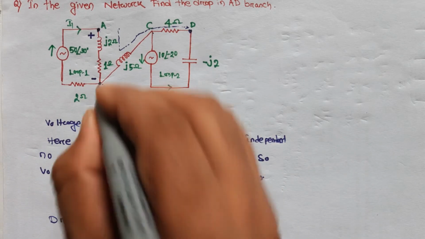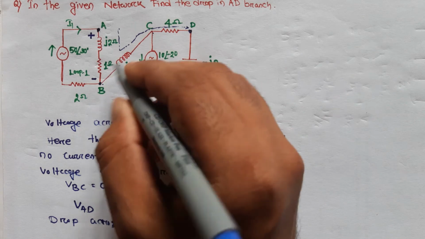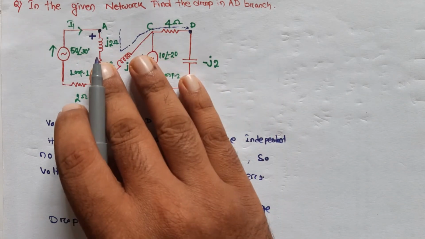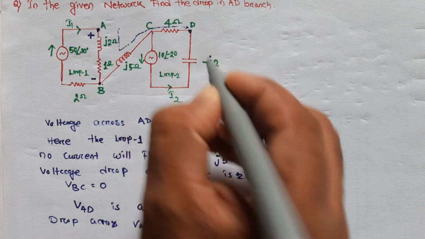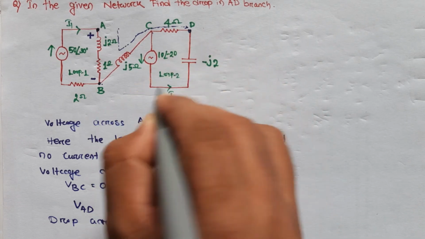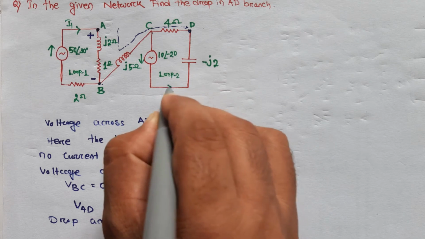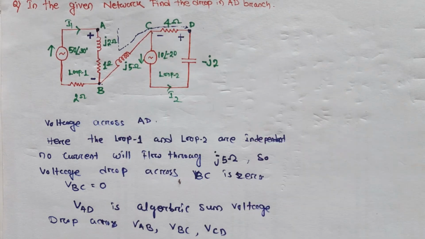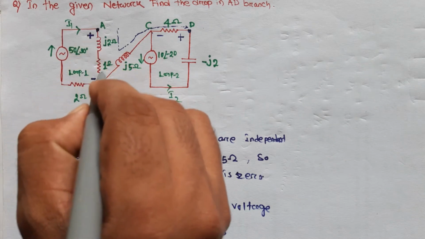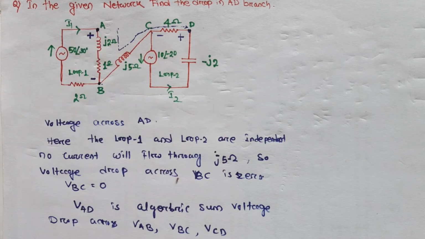Here there is no current, so this is 0. Here the current flows this way. The question says the current is in this direction, anti-clockwise, so this is plus and minus. When we apply KVL, we start from positive.